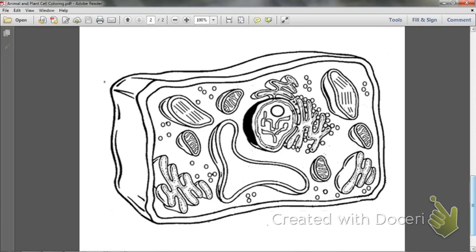Plant cells, remember, always have a cell wall. So in the plant cell, this outer layer here would be the cell wall, which provides the rigid structure for the cell. The inner membrane here, this little rim, is the cell membrane, so this is what you should be coloring orange.